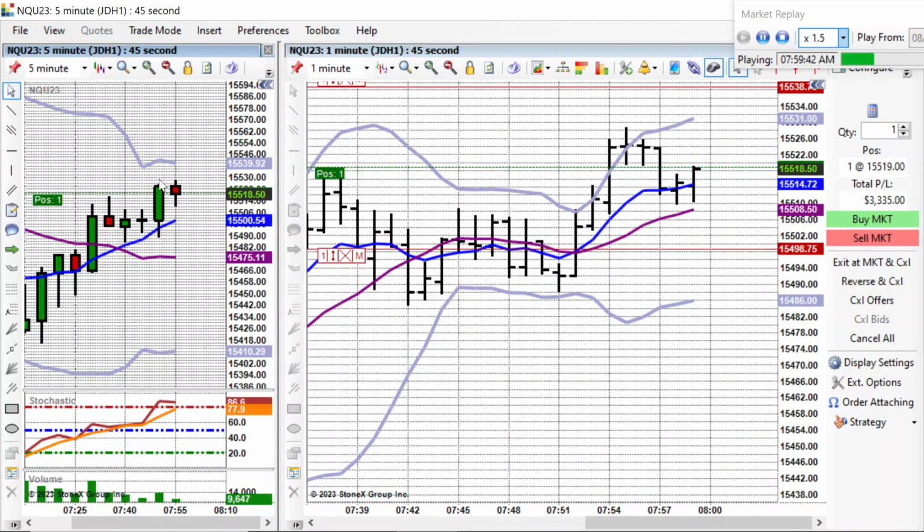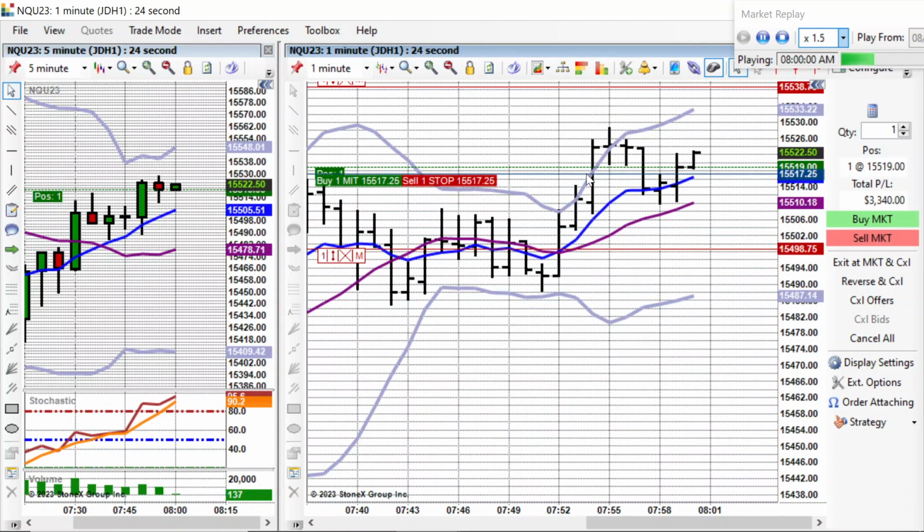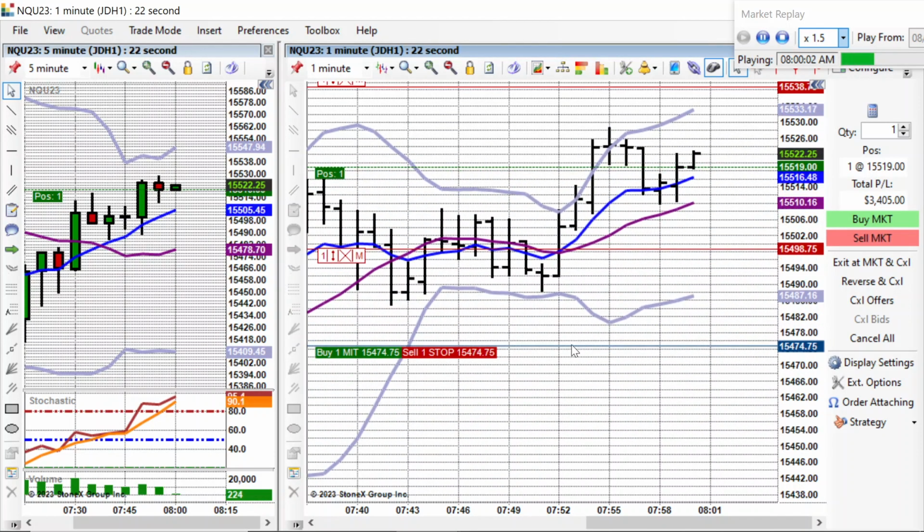I'm anticipating the breakout of this previous green candle. By the time it hits that top, this red candle will turn green. So there's a little bit of anticipation involved with this, and so it's always a little bit risky at the entry point.